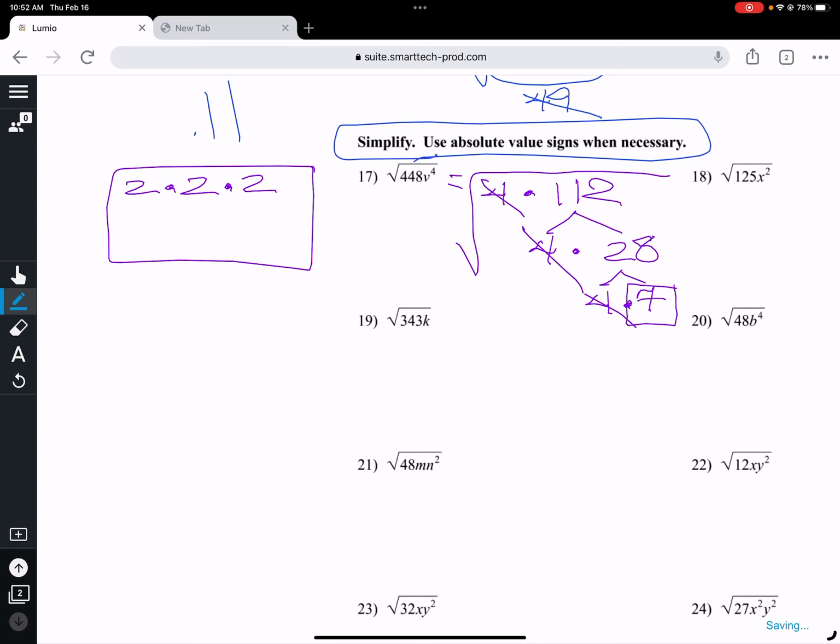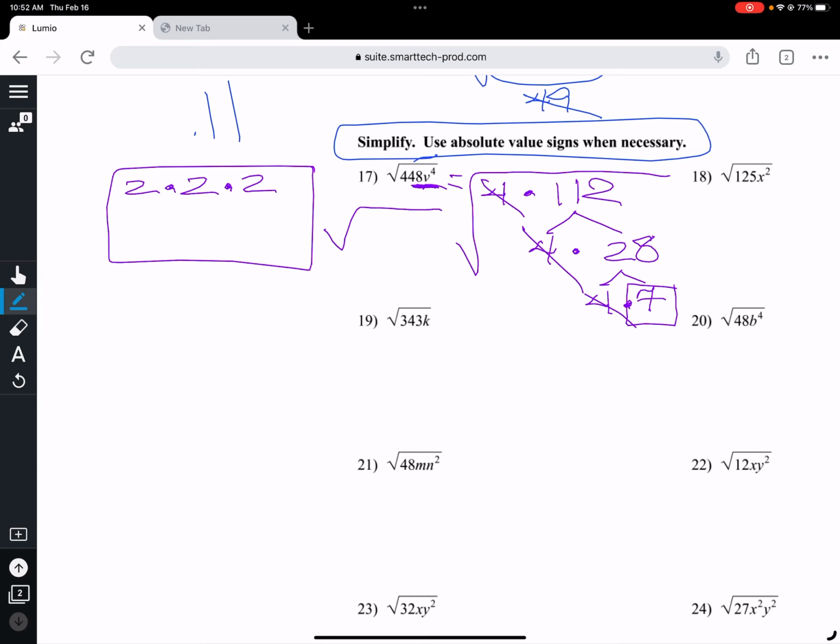Now, I'm going to put over here our variables. Anytime we're multiplying variables, what do you do to the exponent? You add them. So every even exponent is a perfect square, because 6 breaks down into 3 and 3, 12 breaks down into 6 and 6, 4 breaks down into 2 and 2, 2 breaks down into 1 and 1.